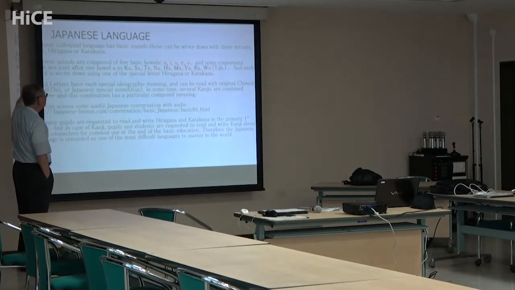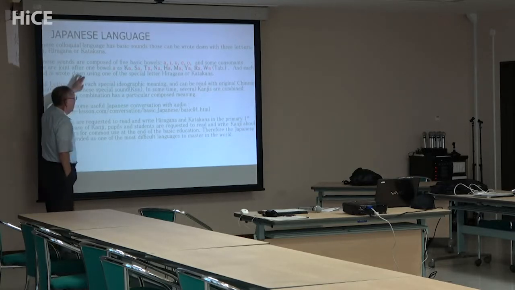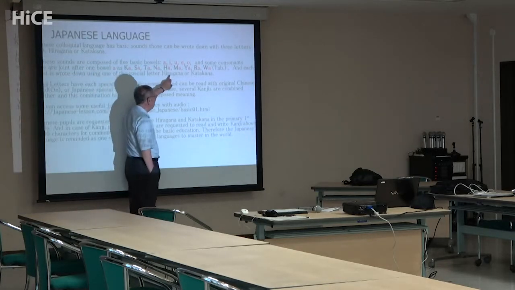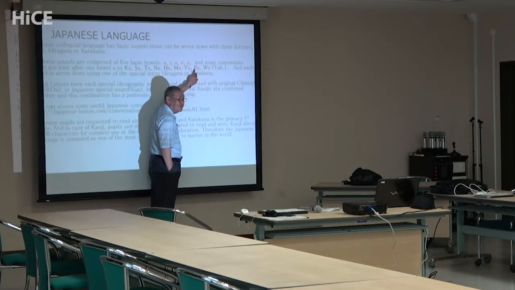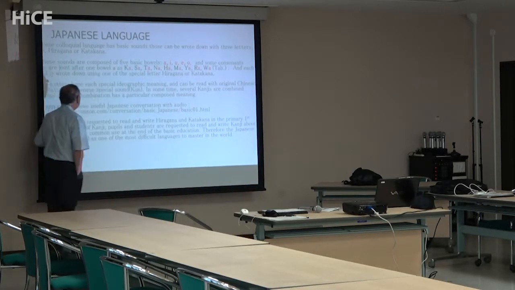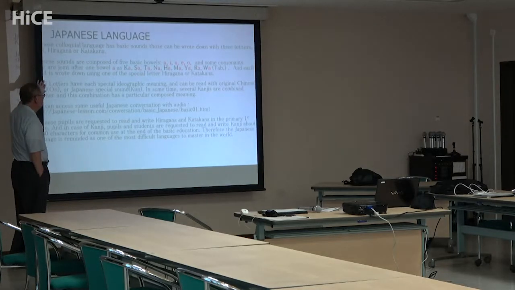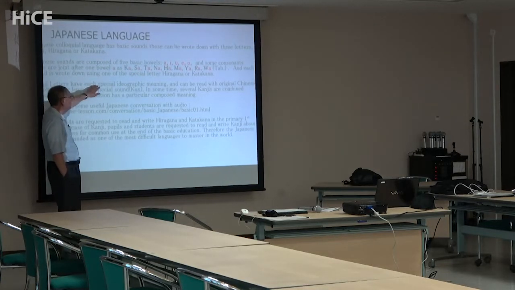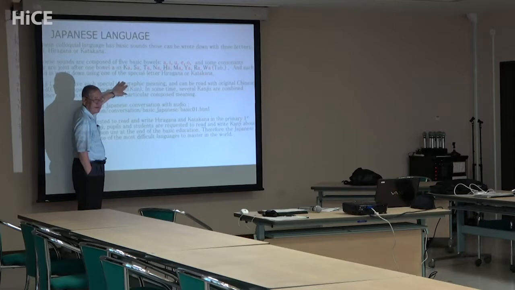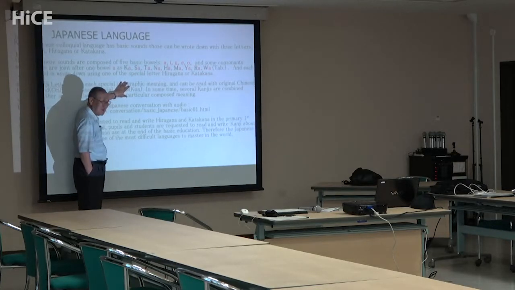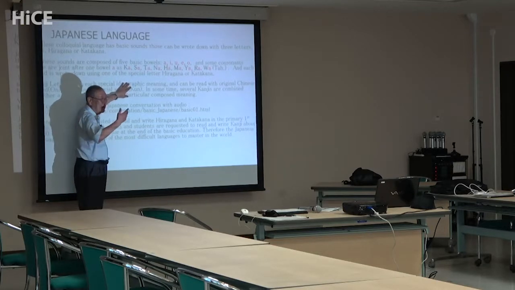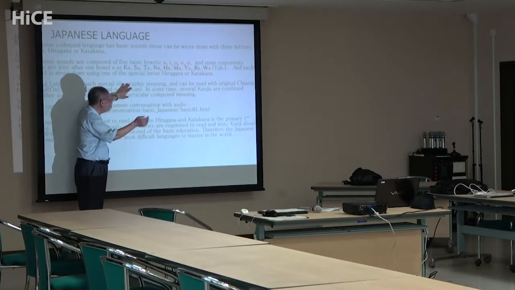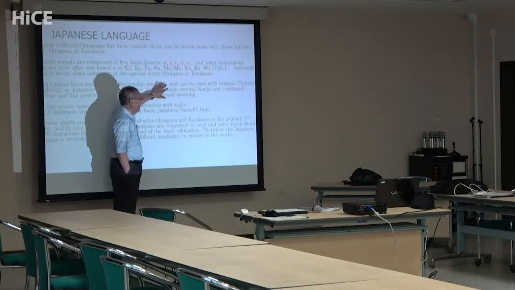Then, like using the special hiragana or kanji, katakana. Okay? And then kanji letters have each special ideographic meaning. Then it is so confusing. But Japanese students must learn the meaning of those kanji letters.